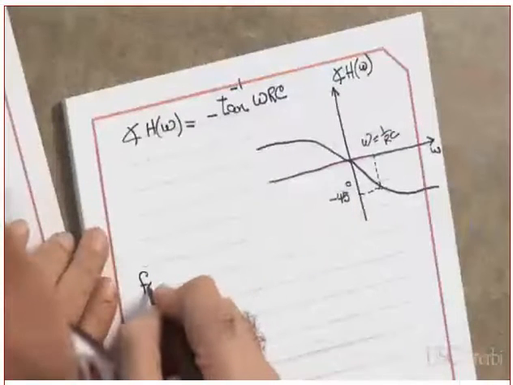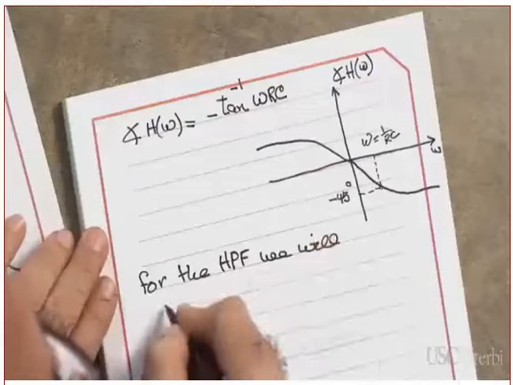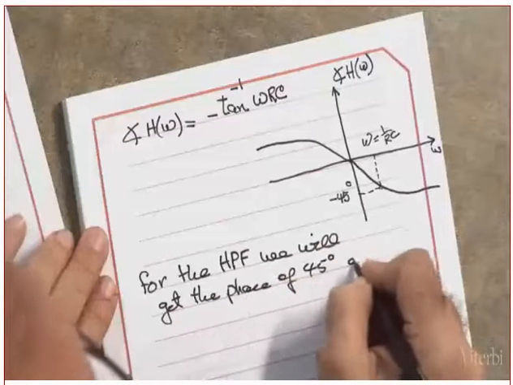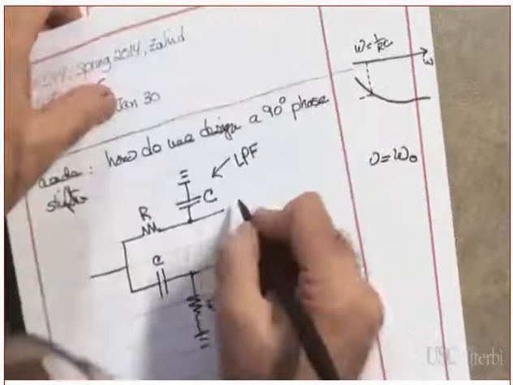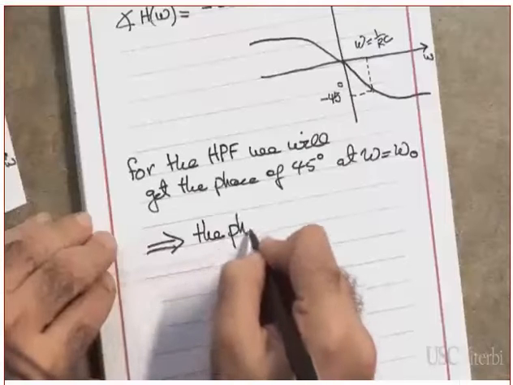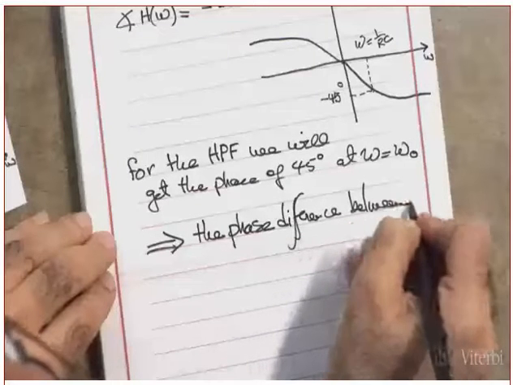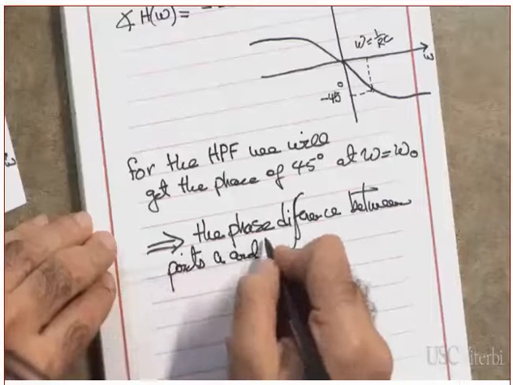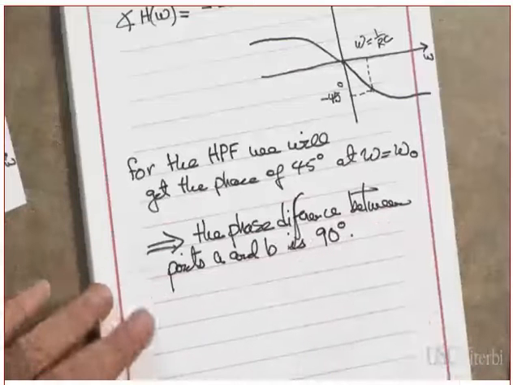So let me write the comment here. From the high pass filter, we will get the phase of 45 degrees at omega equal to omega naught, which means, let me put this one, port A, port B, which means the phase difference between points A and B is 90 degrees.